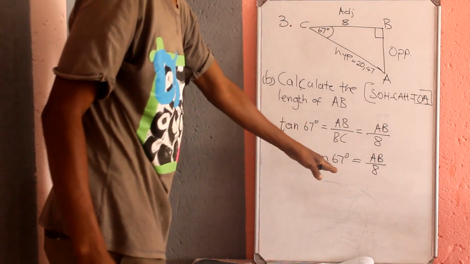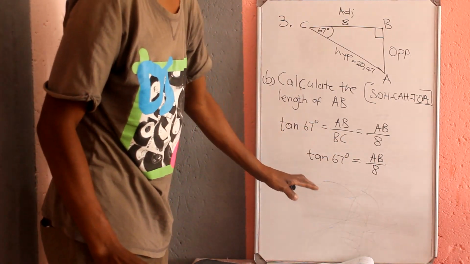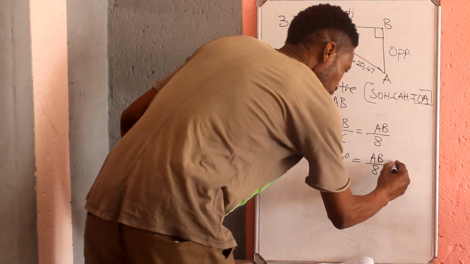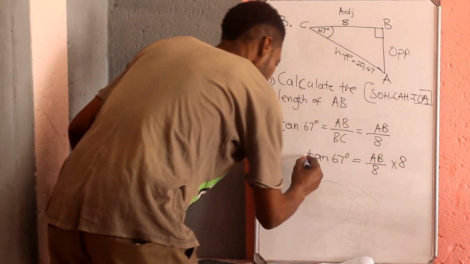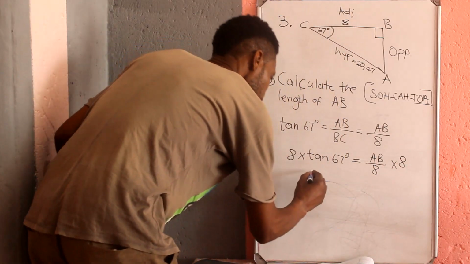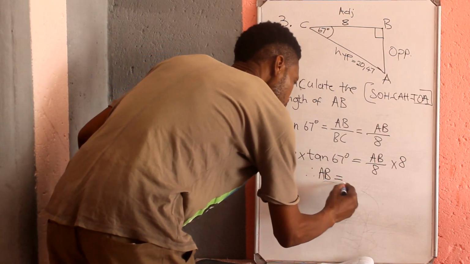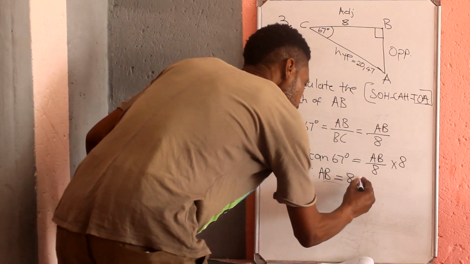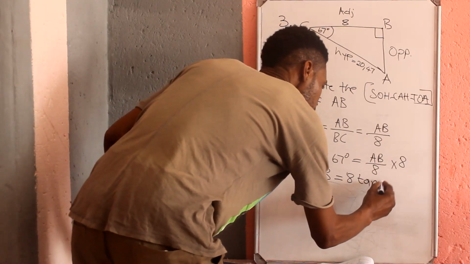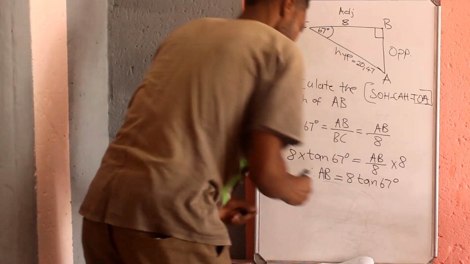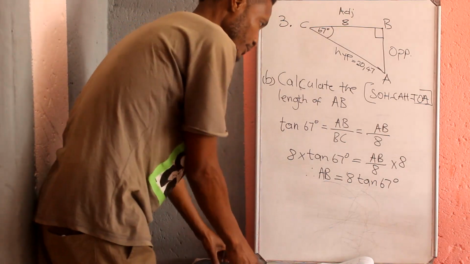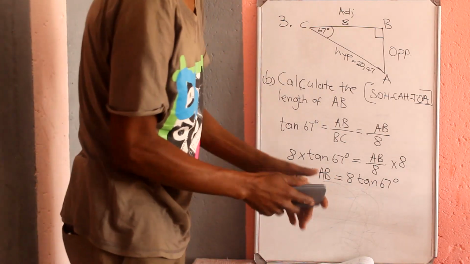Now we want to make AB the subject of the formula. We simply multiply by 8 on both sides, and this gives us AB equals 8 tan 67 degrees. Punch that into your calculator.